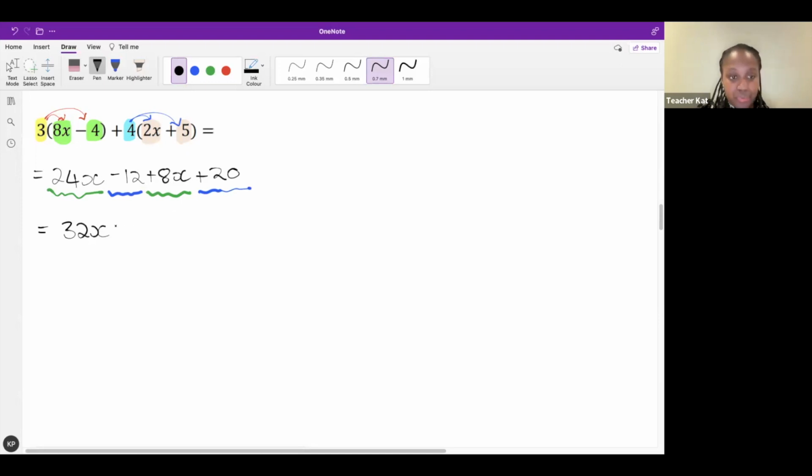Nice. That's positive 8. And now we are done. So that was all to do with multiplying a monomial, or one term, with a binomial, which is 2 terms.